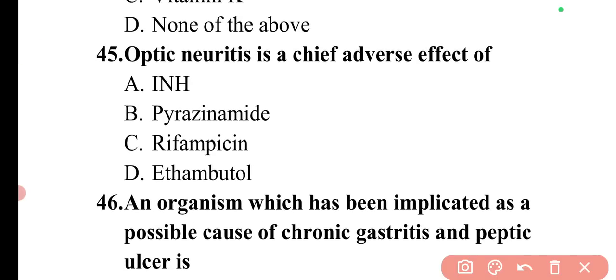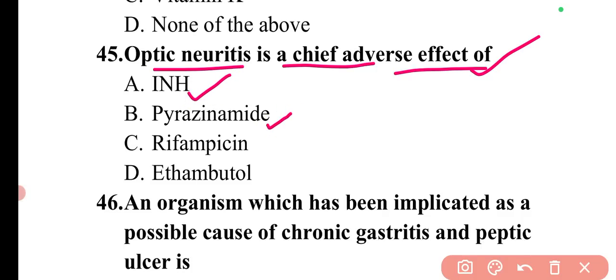Next question is, optic neuritis is chief adverse effect of, options are isoniazid, pyrazinamide, rifampicin, ethambutol. The correct answer is option number D, ethambutol.